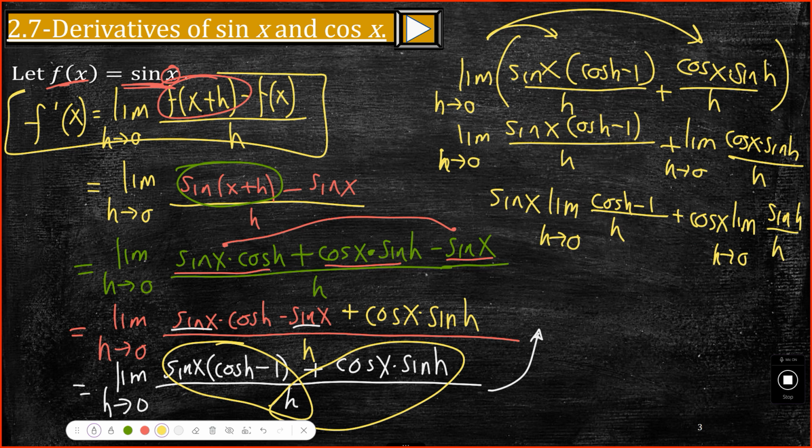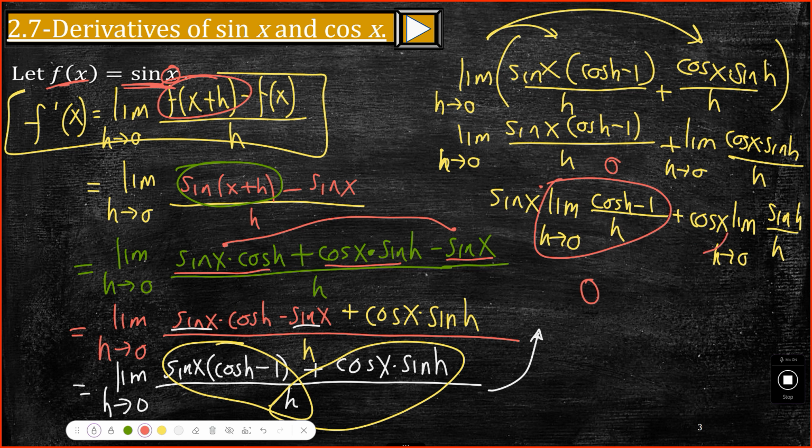All right. So these are the limits that I told you about from the warm-up. We did this limit, and that limit was 0. In the other one it was x approaches 0 and cosine x, but it doesn't matter, h or x is just the variable. So this is 0, and 0 times sine x is 0.